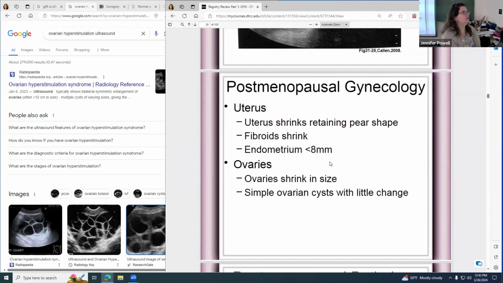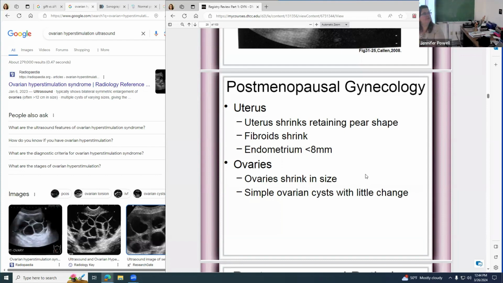Postmenopausal gynecology. The uterus shrinks, retaining a pear shape. Fibroids will shrink. Why does the fibroid shrink? They're estrogen dependent. They grow with estrogen. When somebody goes through menopause, their body's not making estrogen anymore. Well, for the first year, there's fluctuating levels of estrogen.